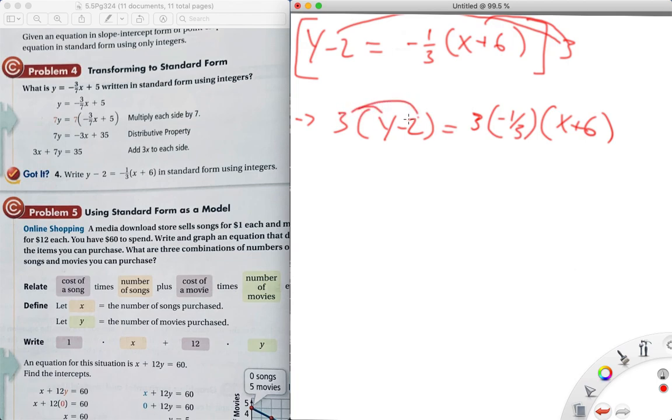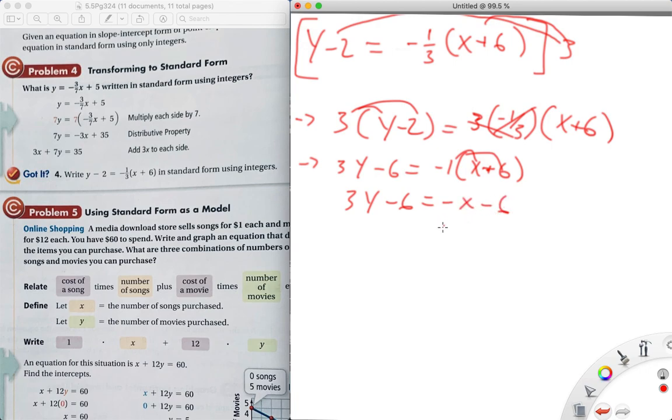I do the distributive property here, which is 3y minus 6 equals, this guy goes away, right? And I'm left with negative 1. So negative 1 times x plus 6. And that gives me 3y minus 6 is equal to, distributive property, negative x minus 6.